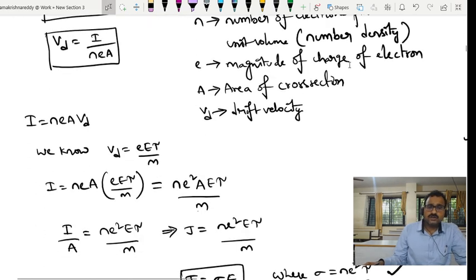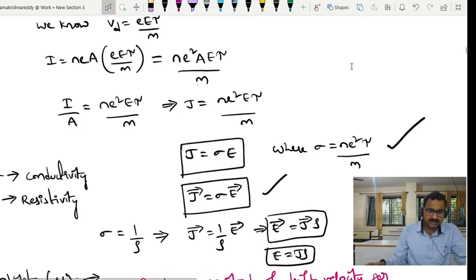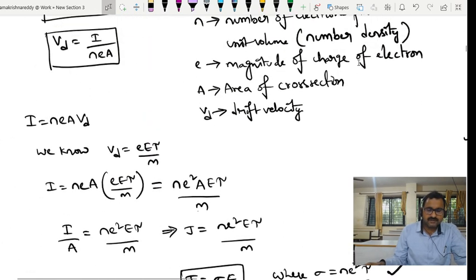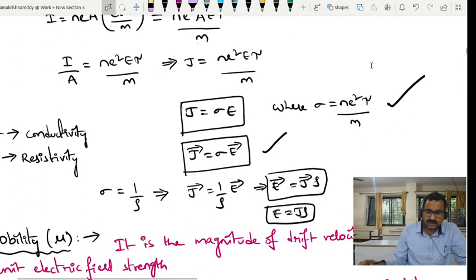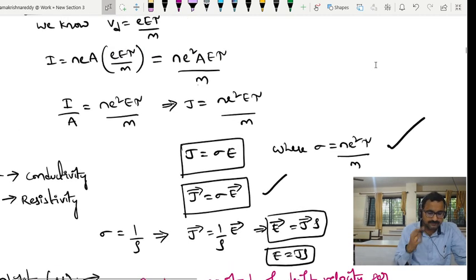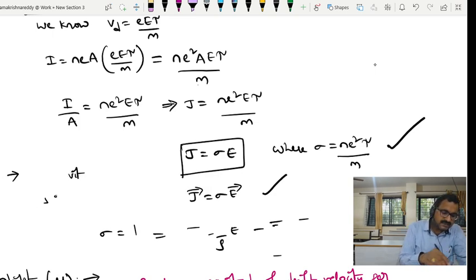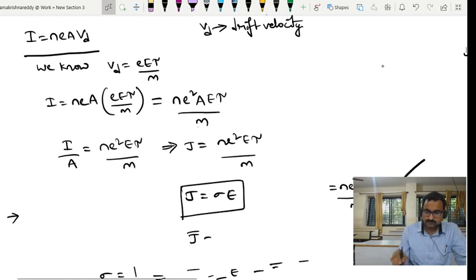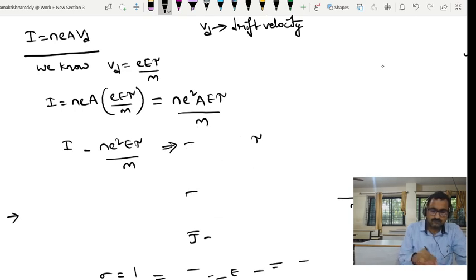But we know the relation we are getting there, so to explain that we are taking this once again. We know the drift velocity equation: Vd is equal to e E tau divided by m. Already we got the relation between current and drift velocity. I will explain it to you once again, though you already studied this.